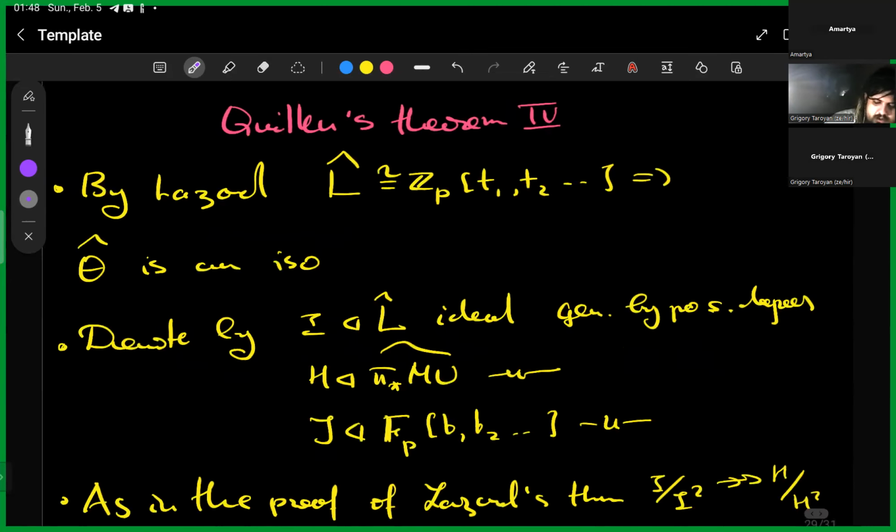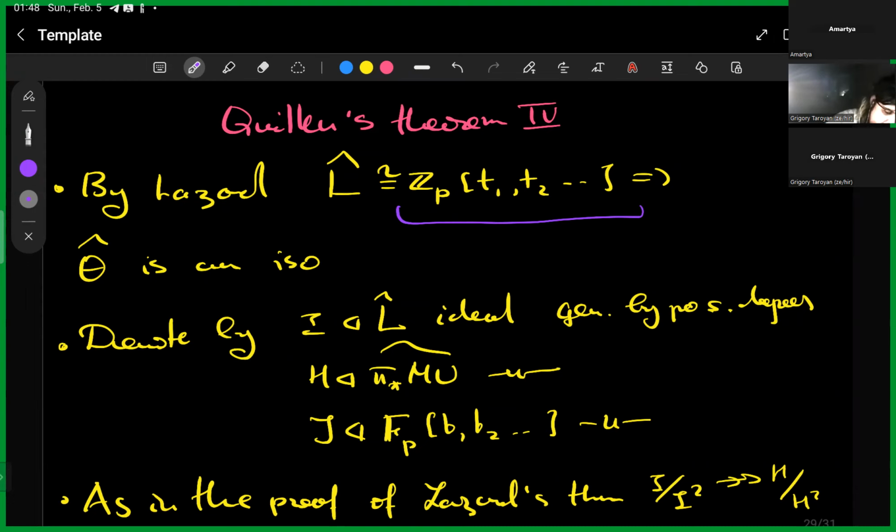To do this, we should first observe that by Lazard's theorem, the p-completion of Lazard's ring is just the ring of polynomials with the same degrees of generators, but with coefficients in p-adic integers. So this means that after completion, theta becomes an isomorphism.